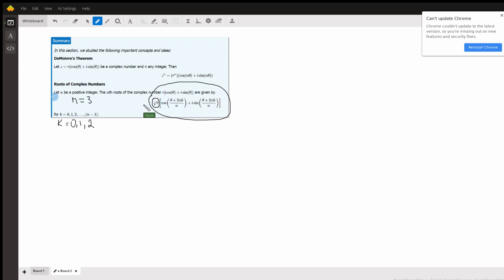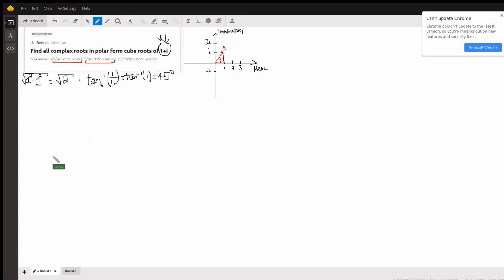Now you're ready to apply this formula. I'm pretty sure it's been covered in whatever class you're in. What you do is take the nth root, and here n is 3, so you take the cube root of the magnitude, the cube root of the square root of 2.